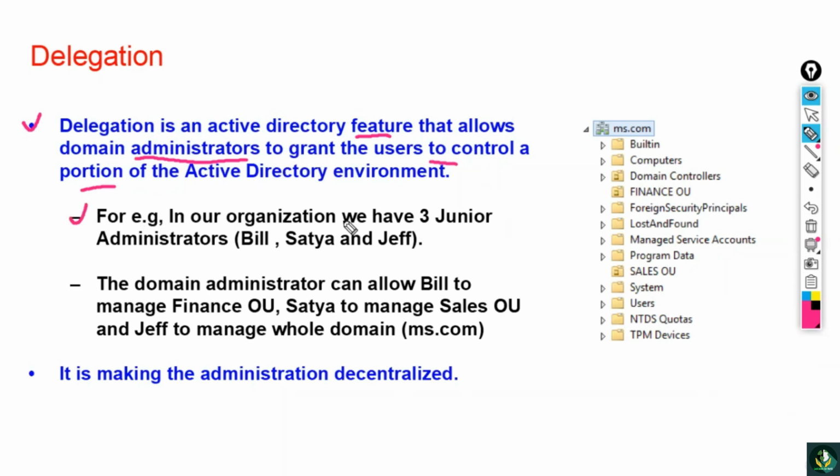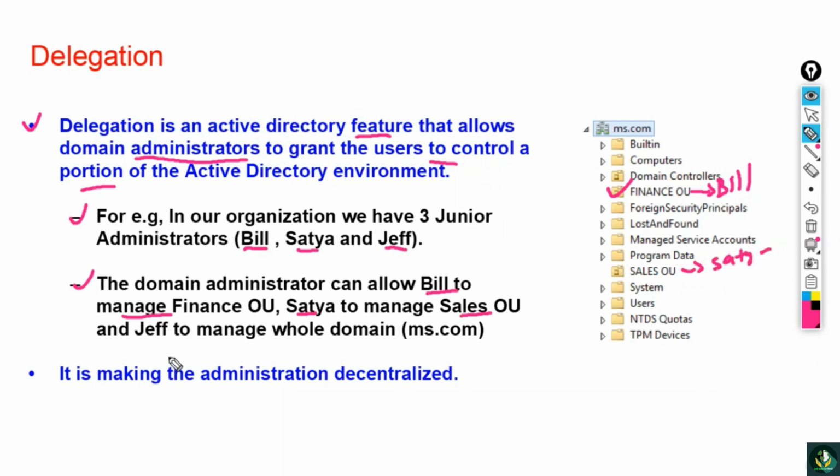For example, in our organization, we have 3 administrators, Bill, Satya, and Jeff. And the domain administrator can allow Bill to manage the finance OU. So Bill can manage only this finance OU, and Satya can manage sales OU.